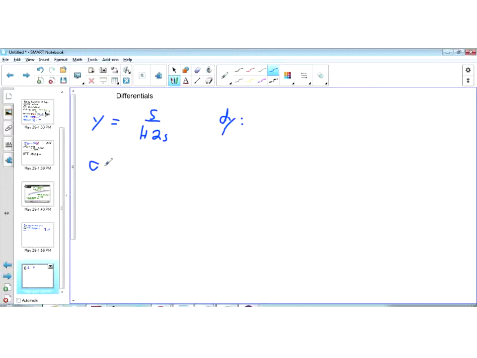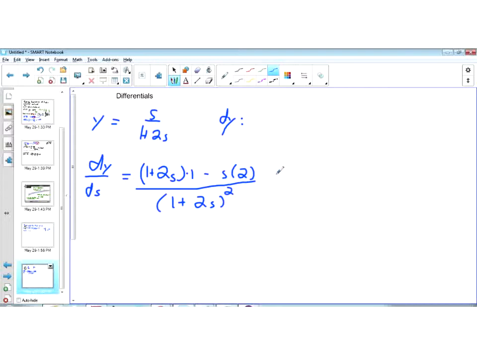Okay. Well, we know that the differential of y over differential s is just the derivative of y. Okay, and so that would equal the bottom function times the derivative with respect to s of the top, minus the top function times the derivative with respect to s of the bottom, divided by the bottom squared.